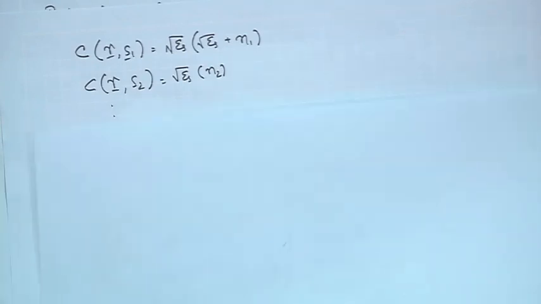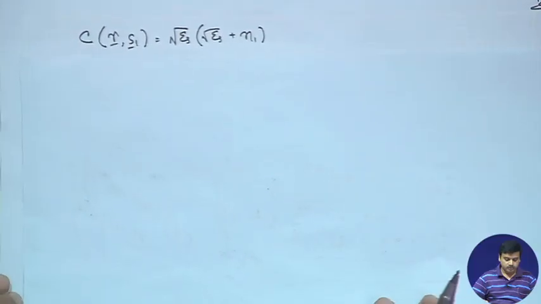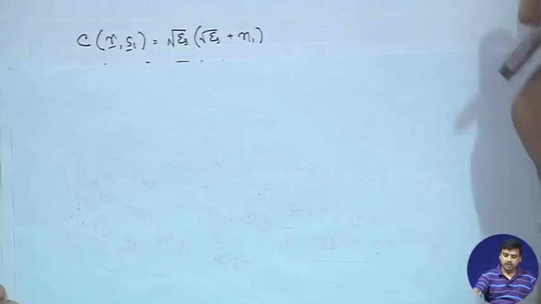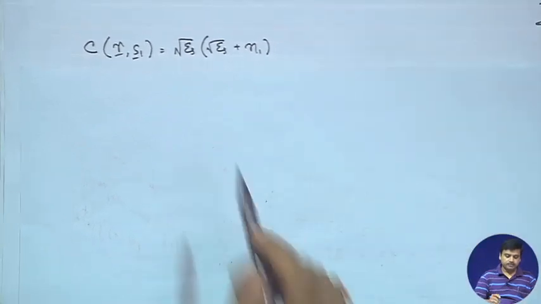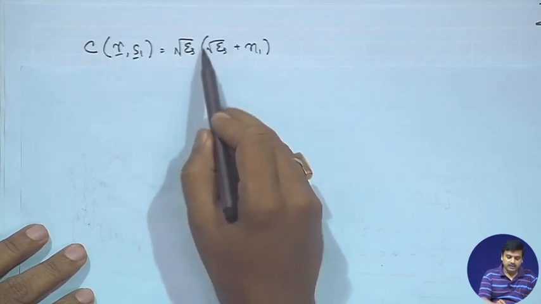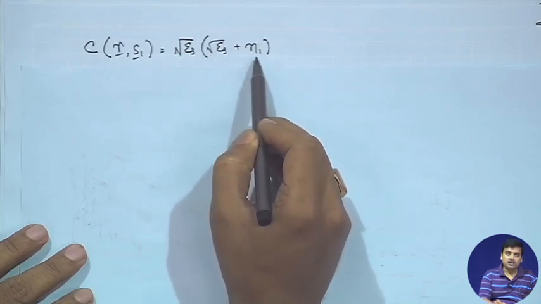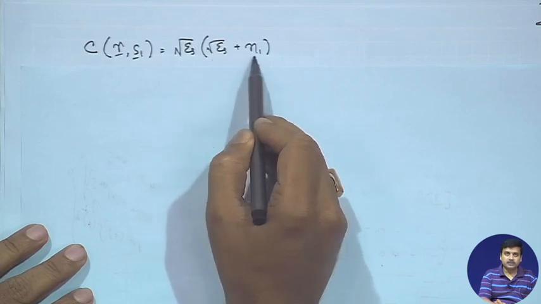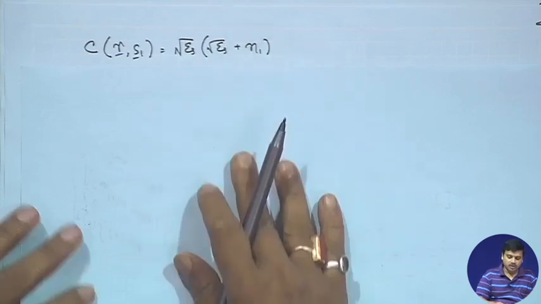So, now let us take a look at what would be the correlator output of the first correlator. If we look at the first correlator, the signal is root over Es, right, S1, and this is the R component on the first dimension. So, this is the correlator output.